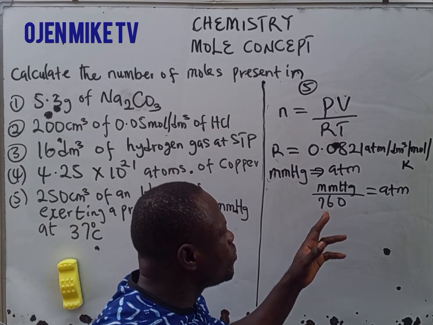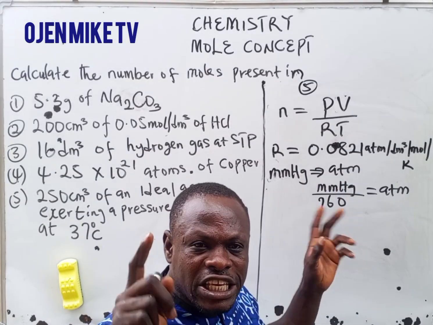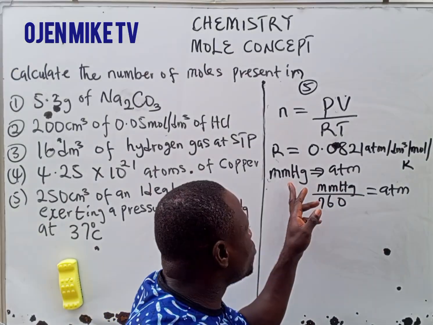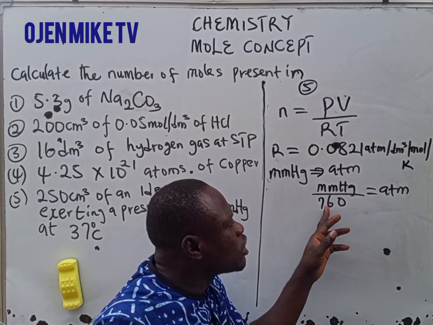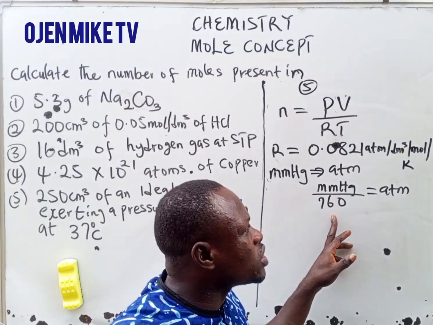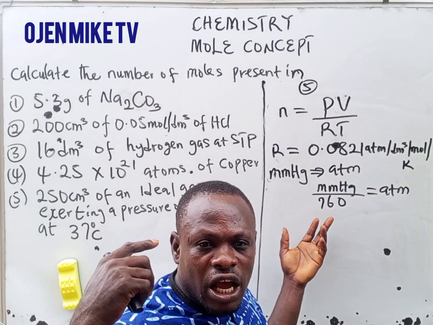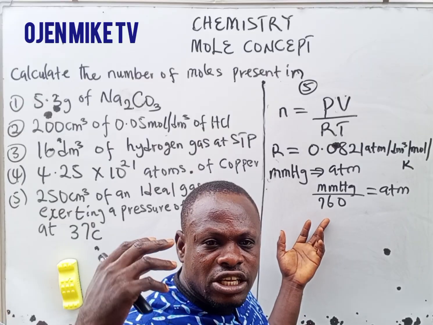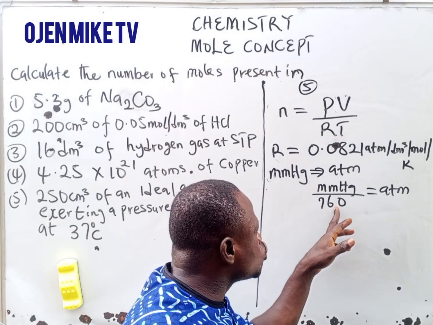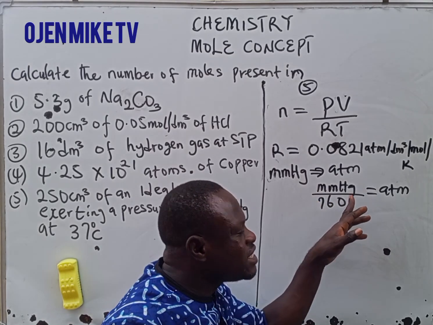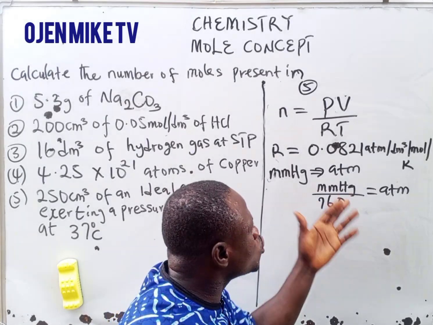So anytime pressure is given in millimeters of mercury, divide it by the constant value, 760, just like temperature has a constant of 273 Kelvin. Do you get that?